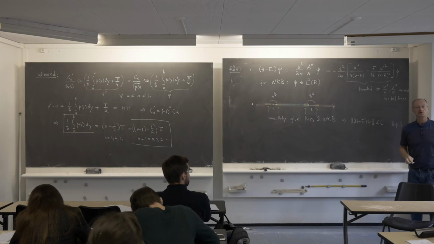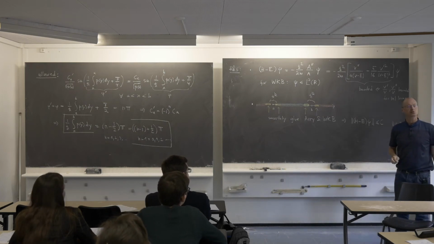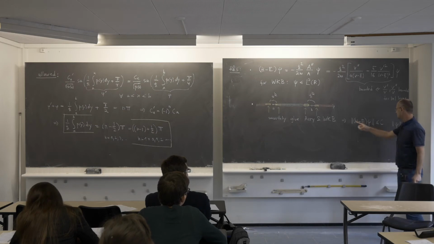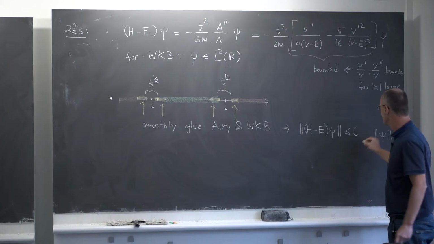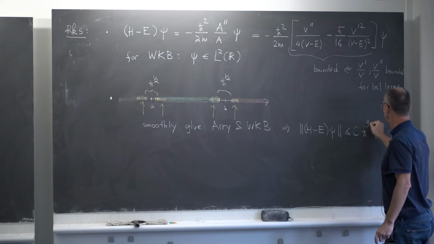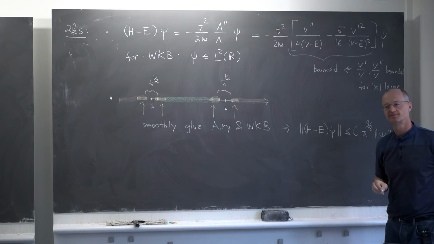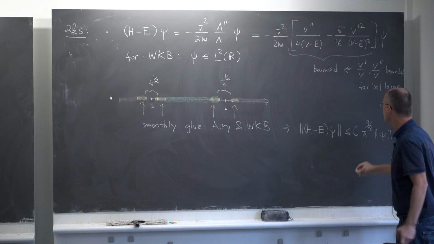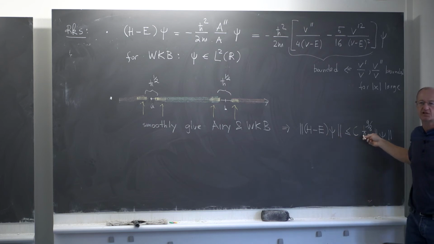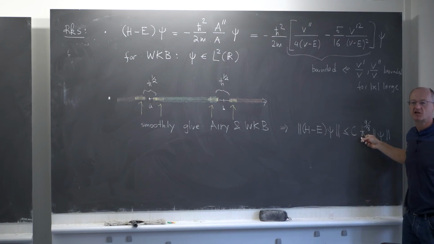Actually, I lied to you in the formulation of this theorem. If one does that, one does not get h squared. One only gets h bar to the power 9/8. However, qualitatively, this is good enough. It is faster than h bar.